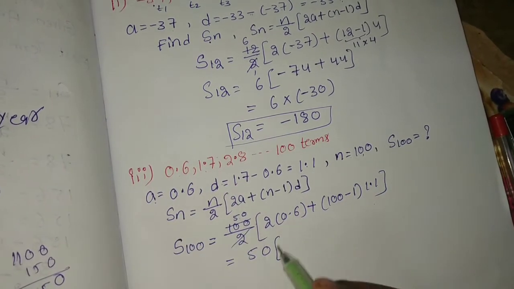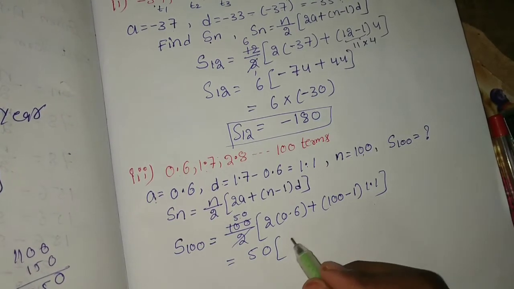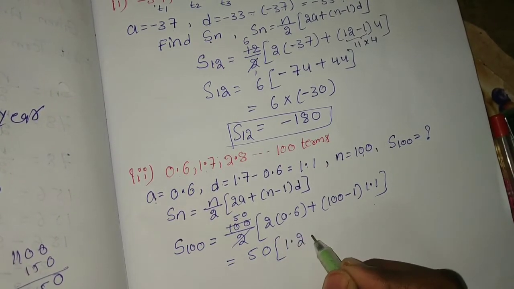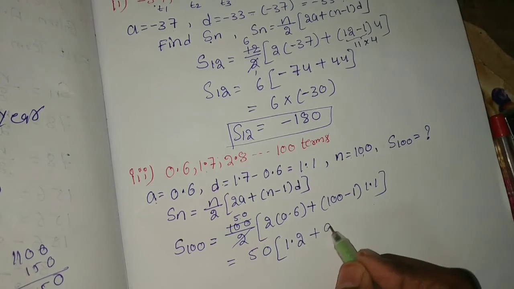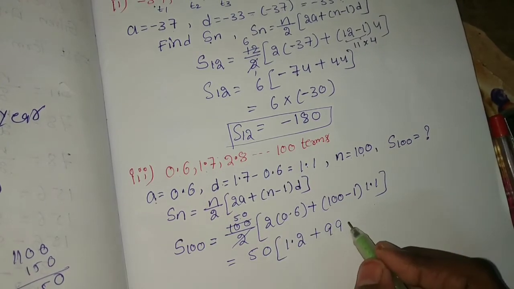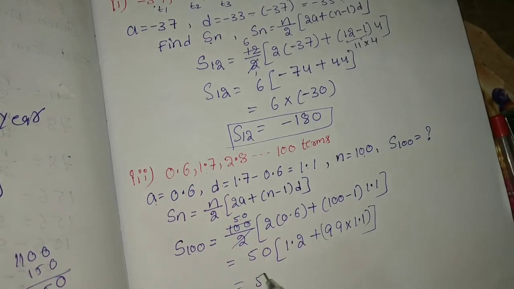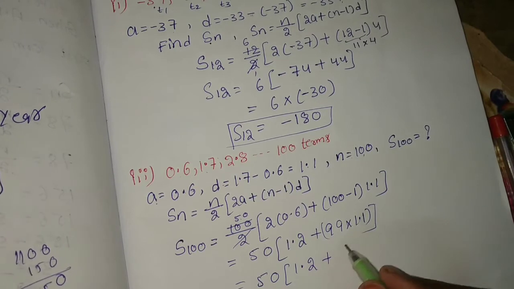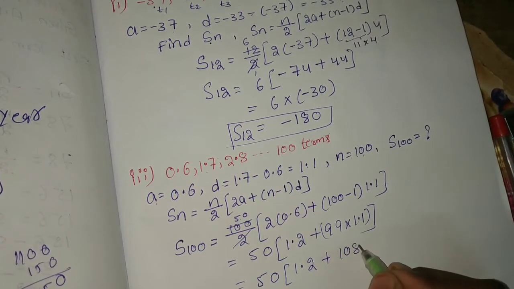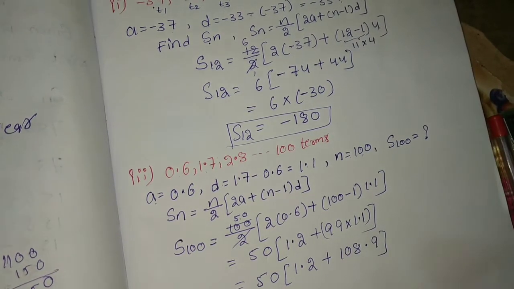So 50 into, what is it? 2 into 0.6, we get 1.2. Multiply. Plus 99, 100 minus 1, we get 99 into 1.1. So 50 into 1.2 plus 99 into 1.1, we get 108.9. Check once, multiply.